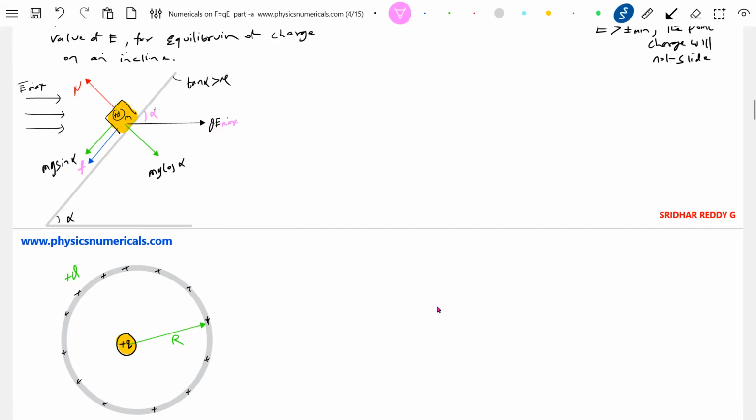Again, perpendicular to incline, the forces acting will be N equal to mg cos alpha plus qE max sin alpha.